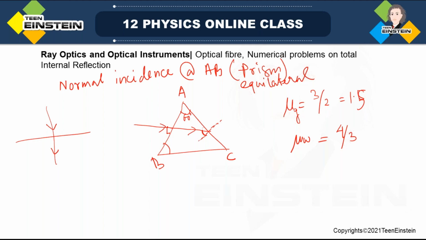What is the value of this angle? The answer is here. The angle of incidence will be 60 degree.